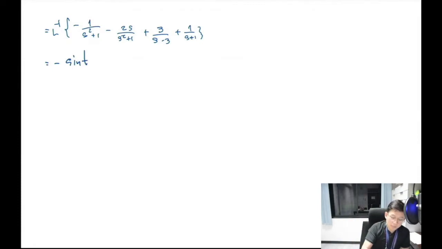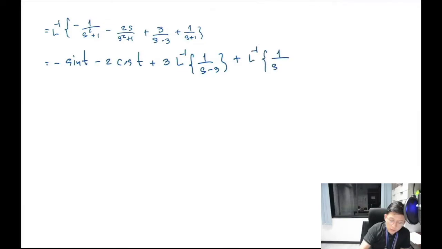Minus 2, and then that will be cos t, plus 3 times the inverse Laplace transform of 1 over s minus 3. I'll leave that for now. And plus the inverse Laplace transform of 1 over s minus 1. This one I just pull the 3 out of the inverse Laplace transform.